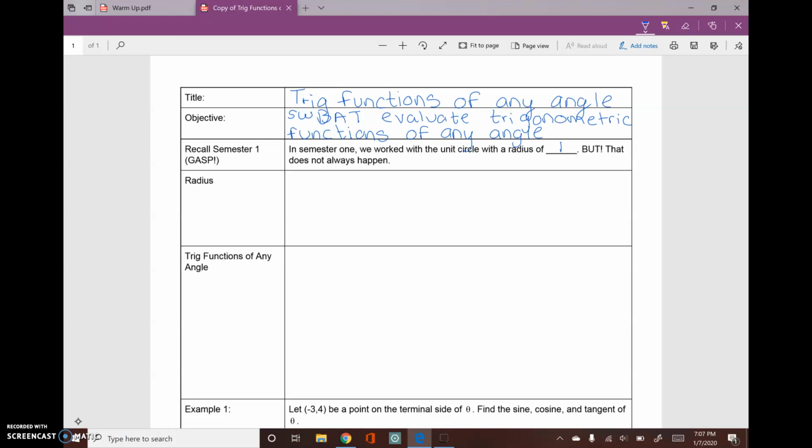But that doesn't always happen. The radius is not always 1. Sometimes you're not given the radius.